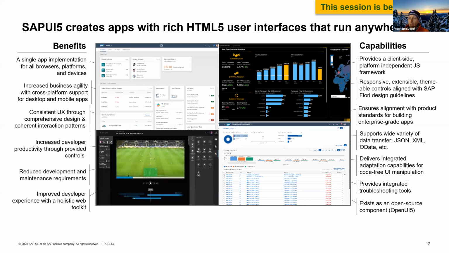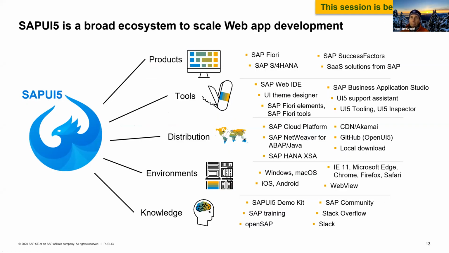So back to SAP UI5 as a foundation. It's not just the technology, it's really a whole broad ecosystem. SAP UI5 is woven into a number of products and solutions that SAP ships: SAP S/4HANA, SuccessFactors, that Fiori look and feel. We have a whole bunch of tooling designed around building SAP UI5 apps.